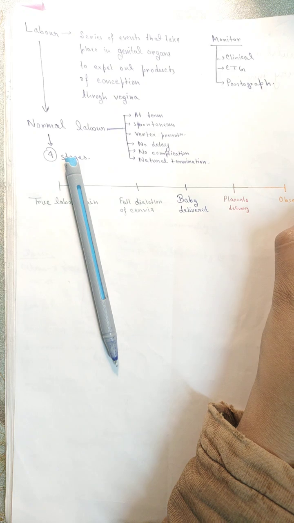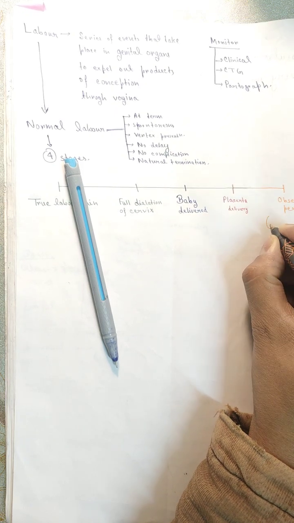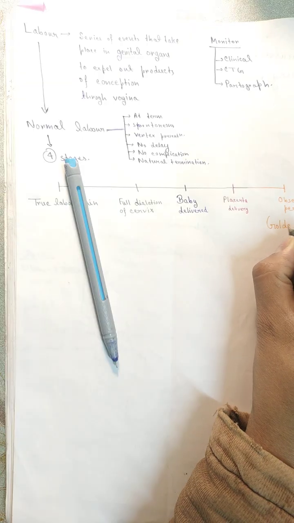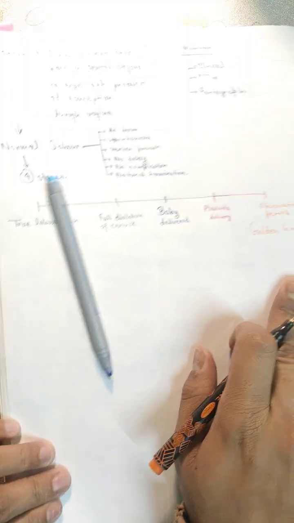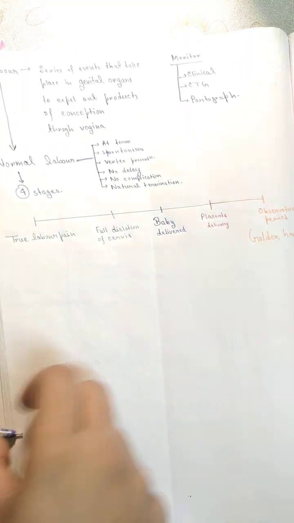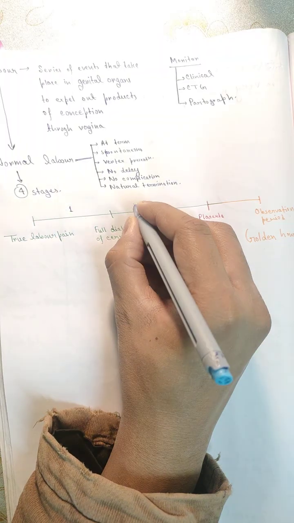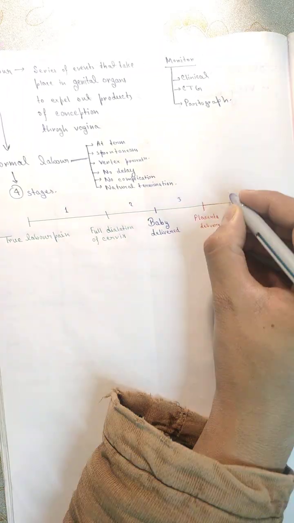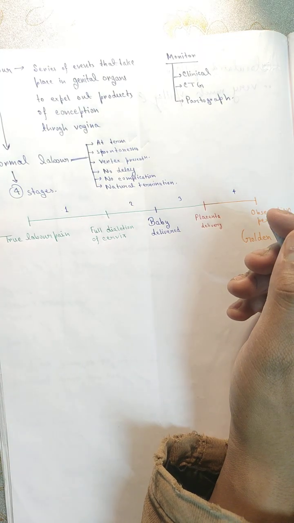Observation period, that is golden hour. Okay, so these are the events and these are the stages. This is the first, second, third, and fourth stage of labor.